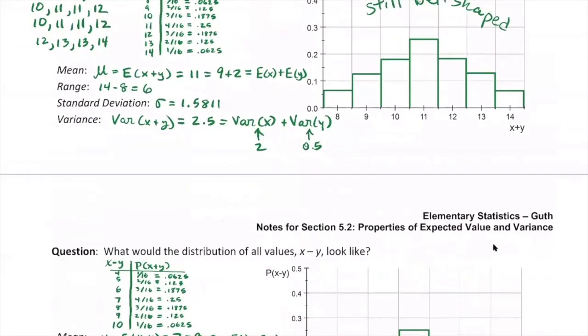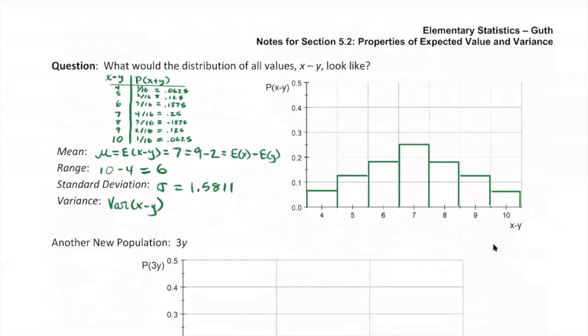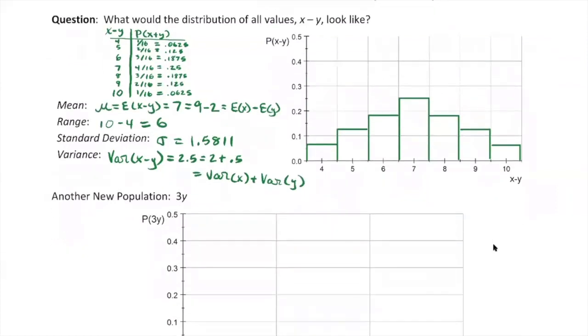Turns out it's going to be 2.5 again, which is the 2 plus the 0.5, and that's the variance of x plus the variance of y. So whether you add or subtract, this is a little confusing, but whether you add variables or subtract them, the variances add, regardless.